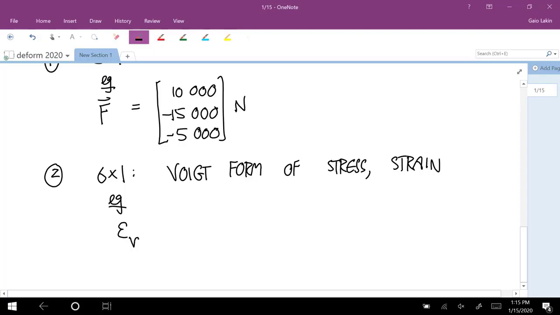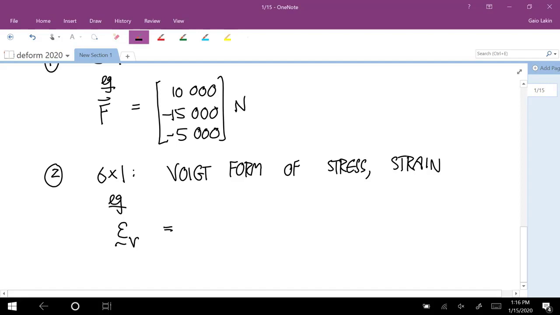I'll put a subscript V so you know it's a Voigt stress. Strain, Voigt strain. And strain is a measure of deformation. We're talking about engineering materials, concrete, steel, that kind of stuff for the most part. You can use this for a few different things, but it has to be very small deformations for the approaches we're going to use.